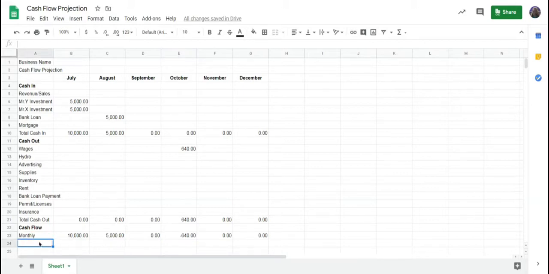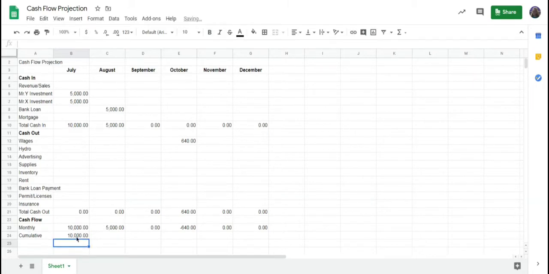The final line here that we're going to put in is called cumulative. Okay, and if you know the word cumulative, it's everything adding up over time. This is basically your bank balance. Okay, and so at the end of July, because July is our first month of operation, our cumulative, our bank balance is going to be exactly whatever the monthly was above it. So you can just put equals the one above it, and that's what you're going to have.